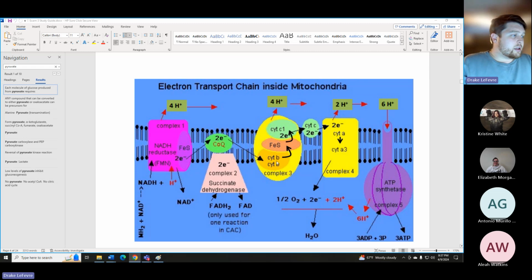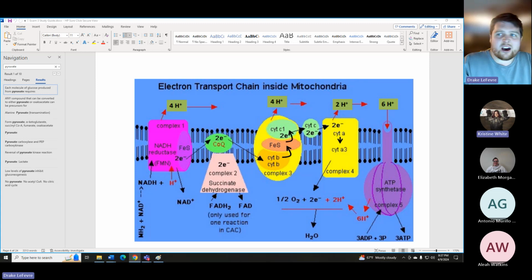This is going to be another one where you just need to draw it a couple of times and remember the order and the process at which this happens. NADHs give up their electrons to complex 1, and that uses some of that energy to pump hydrogen from the matrix up into the intermembranous space. Those electrons are then passed on to CoQ.